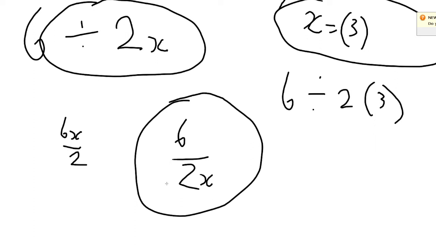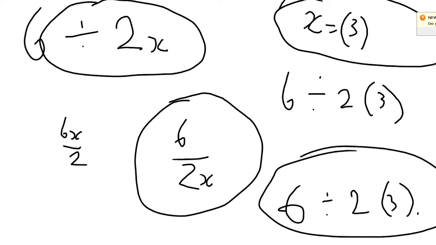So the obvious answer is don't ever write your problems as 6 divided by 2 times 3. Don't ever write this. Make it clearer. That's poorly written. Let's try that again. This is terribly written. Don't ever write anything like this, ever. Just don't do this.